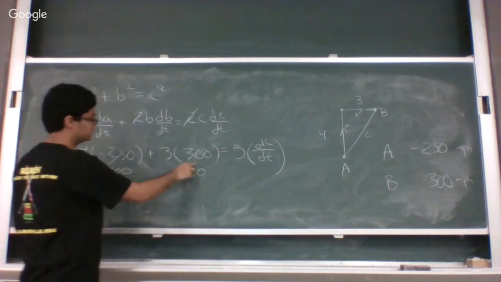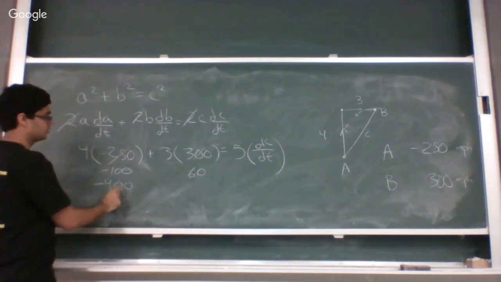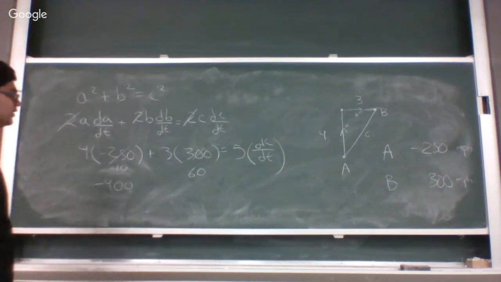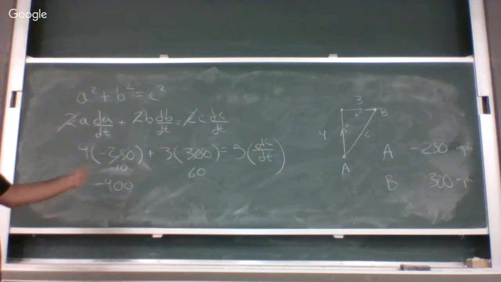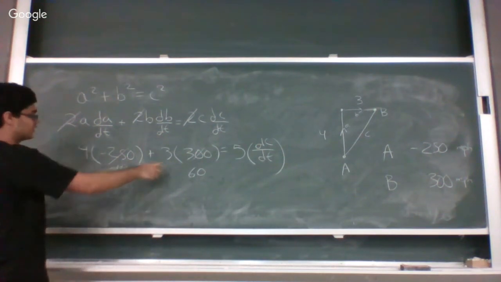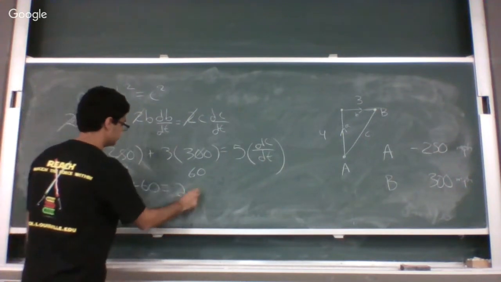Well, the 300 would drop down to 60, so it'd be negative 400. I did it wrong. No, that's negative 10, negative 1,000. Oh, you've already multiplied it. Okay, so I'm just dividing those by 5. So negative 40 plus 60 equals 20.